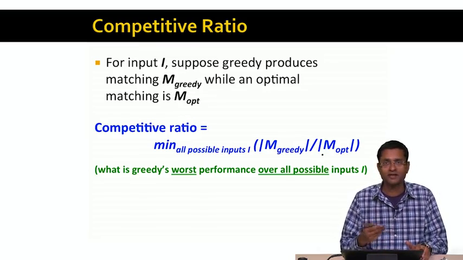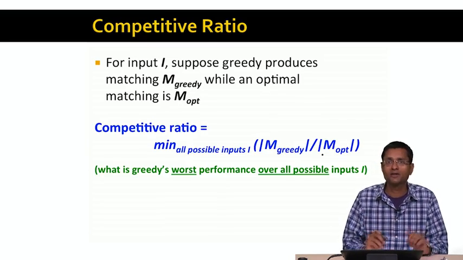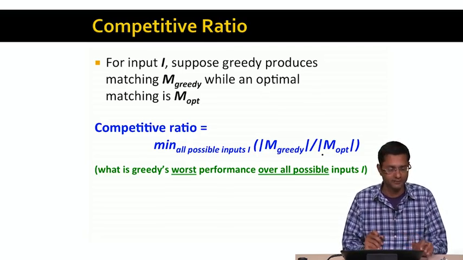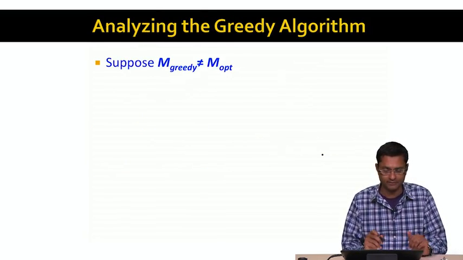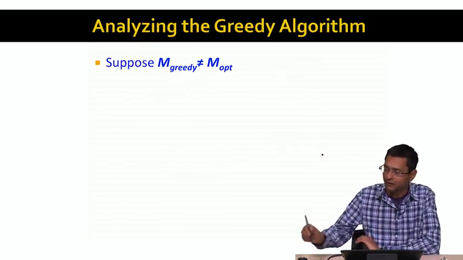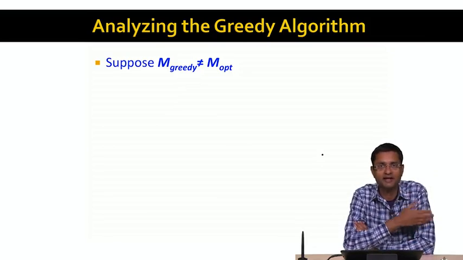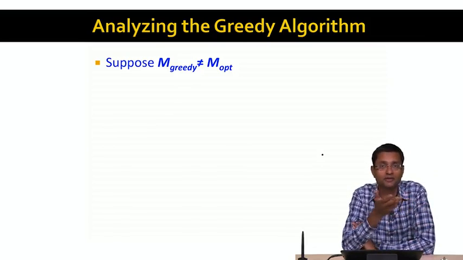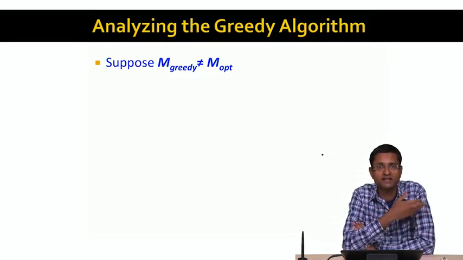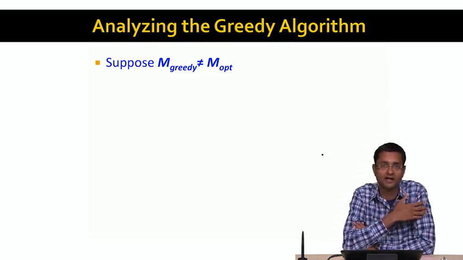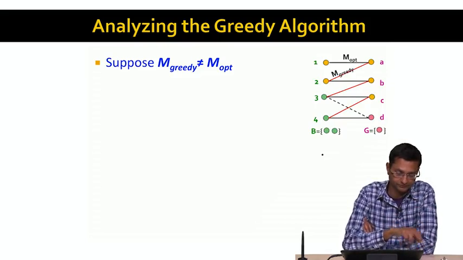So let's see whether we can figure out what the competitive ratio of the greedy algorithm is. Now, let's suppose the greedy algorithm doesn't actually produce the optimum matching. If the greedy algorithm actually produces the optimum matching, then we know the competitive ratio is 1. But suppose the greedy algorithm doesn't produce the optimum matching, so it's actually less than the optimal matching.